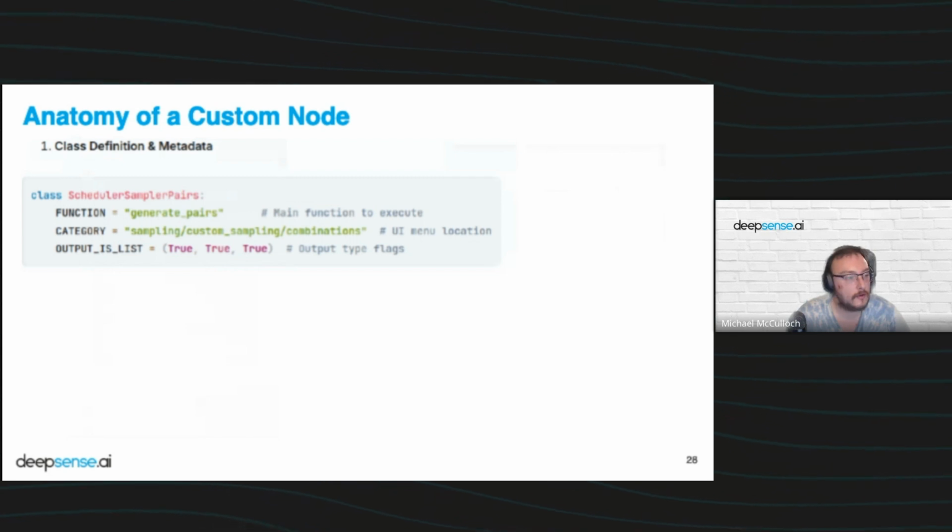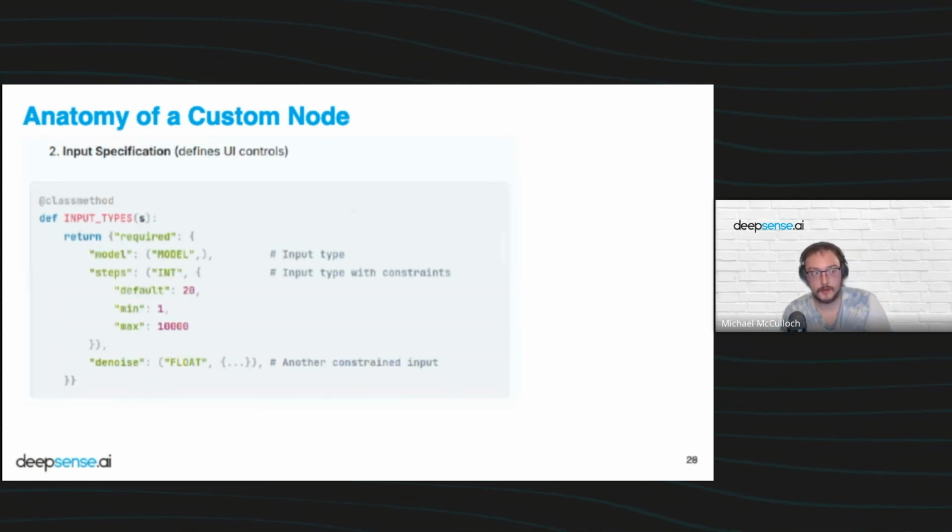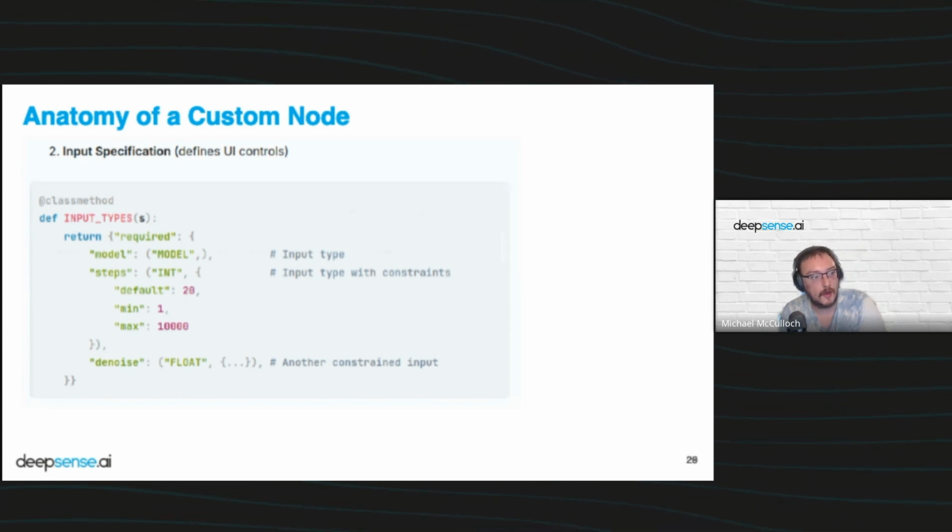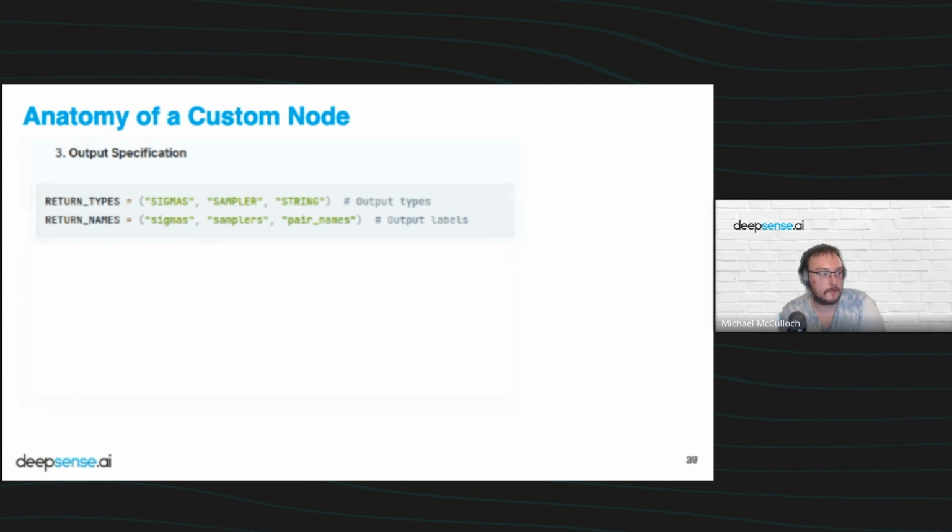Scheduler sampler pairs. This just tells it which function to call, where to put it in the UI, and whether or not the output is a collection. It tells it what inputs to use, and here we've defined the input types as the result of a function. Model, int, and float are primitive types, and those are their defaults. The return types, same story, we've just defined them as variables. Sigmas are the difference between sigmas, samplers, and strings are also primitive types.